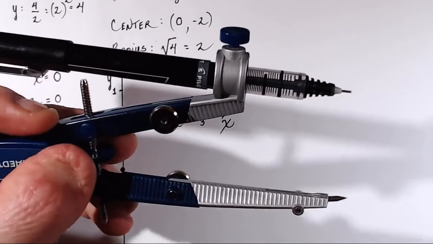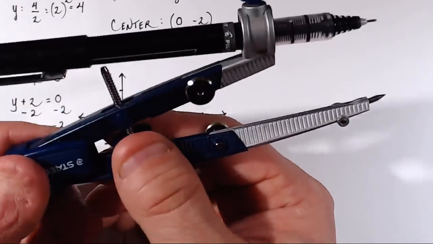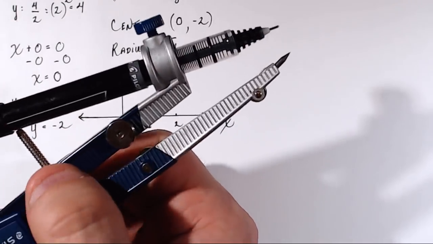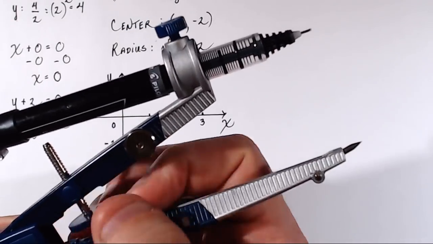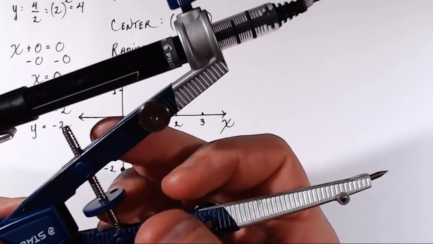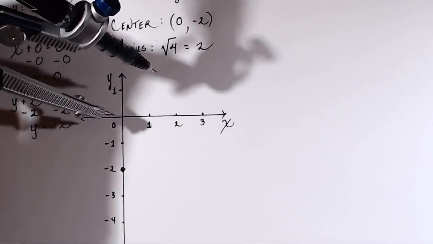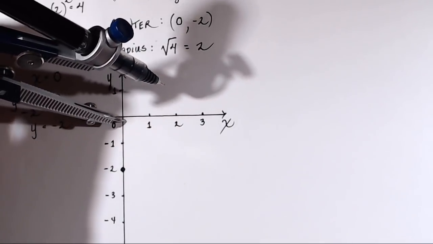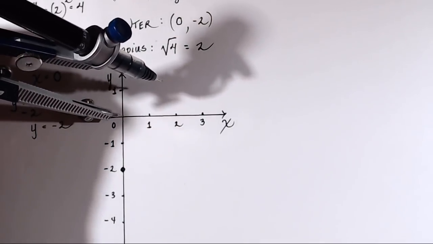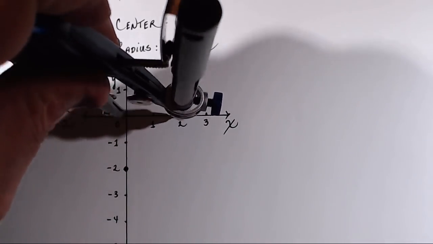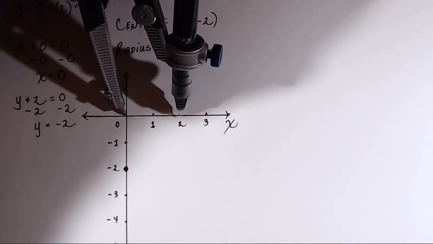So what you do is you turn this little knob right here, and it changes the radius. See that? You can just also pull it, but that isn't as fine a tuning method. And what you're going to do is measure off a distance of 2. Okay, so that looks like 2.